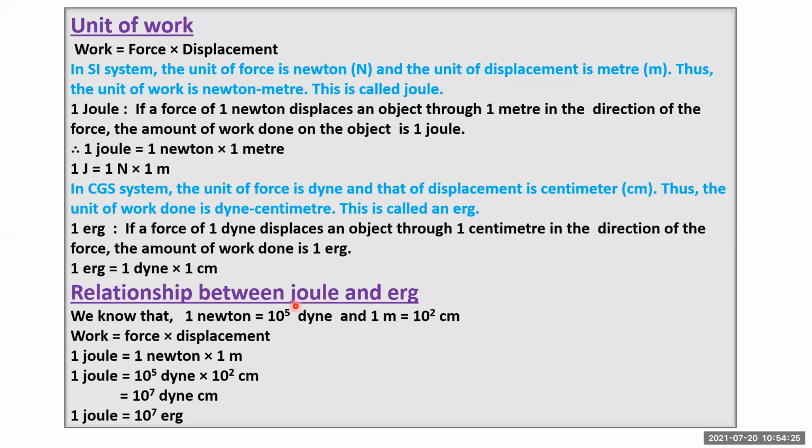Relationship between joule and erg. We know that 1 Newton is equal to 10 raised to power 5 dyne. So, Newton is a large unit and dyne is a small unit.